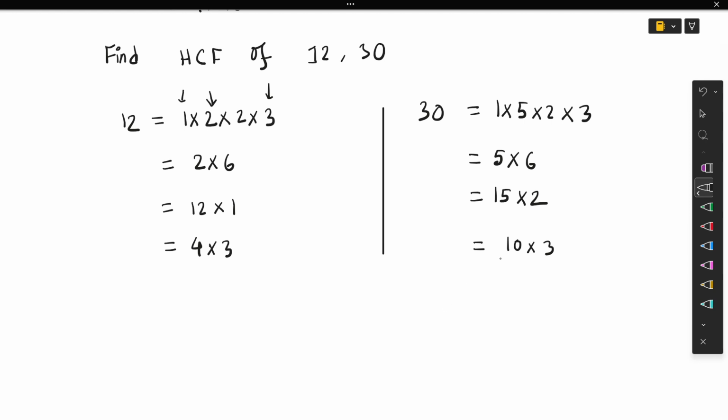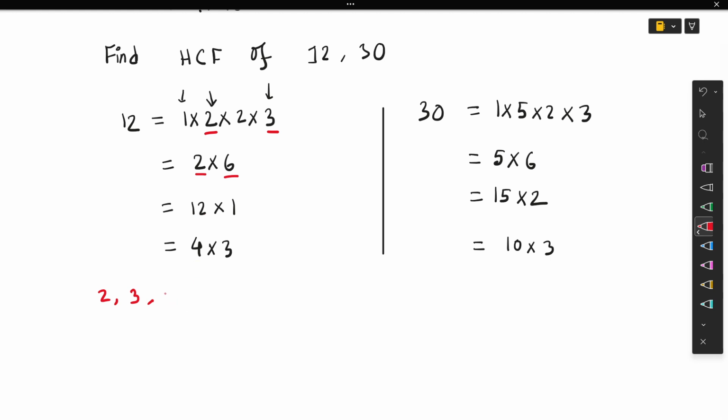Okay, now if you observe very carefully, you will get what the factors are here. Factors of 12 are 2, 3, then we have already written 2, and here is 6, so I write 6. Here we have 12, and there is another one, 4, so you can write 4 here.